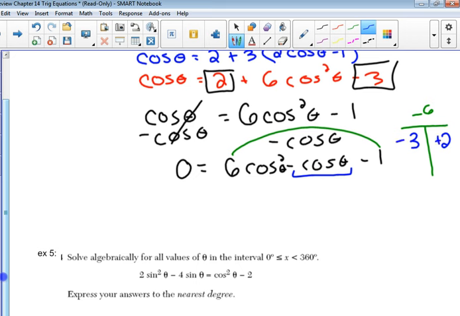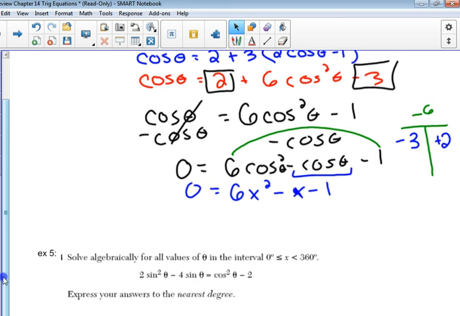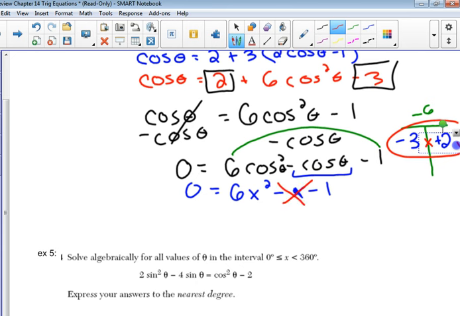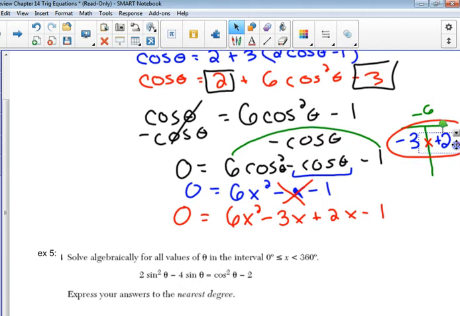The 3, good. Now, if you don't want to use cosines anymore, if you're more comfortable making this like 6x squared minus x minus 1, that's okay. You can do it from here and then put the cosine back in. So let's take out the middle term, we'll put these two in. So we have 6x squared minus 3x plus 2x minus 1. You guys are doing a really good job of solving this stuff.